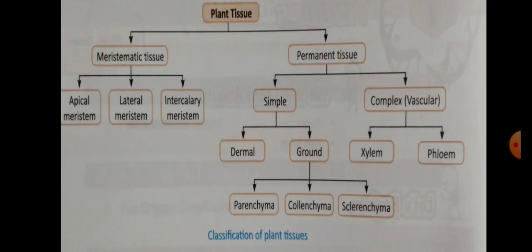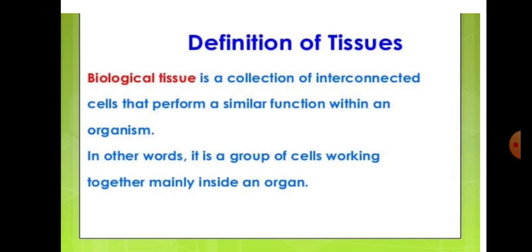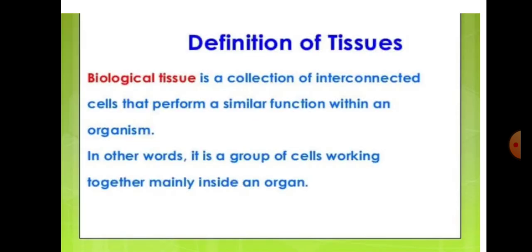Let's see once more. In tissues, we studied about plant tissue. What is a tissue? It is a group of cells performing a specific function, cells that perform a similar function within an organism.